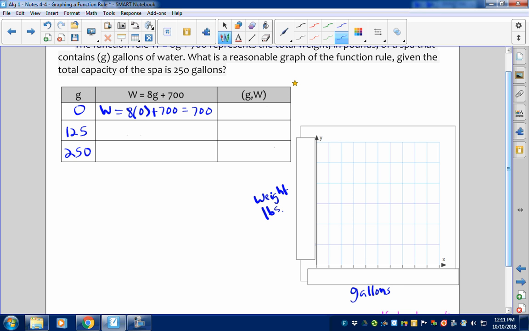W equals 8 times 125 plus 700, which equals 1,700. And then W equals 8 times 250 plus 700, which is 2,700.